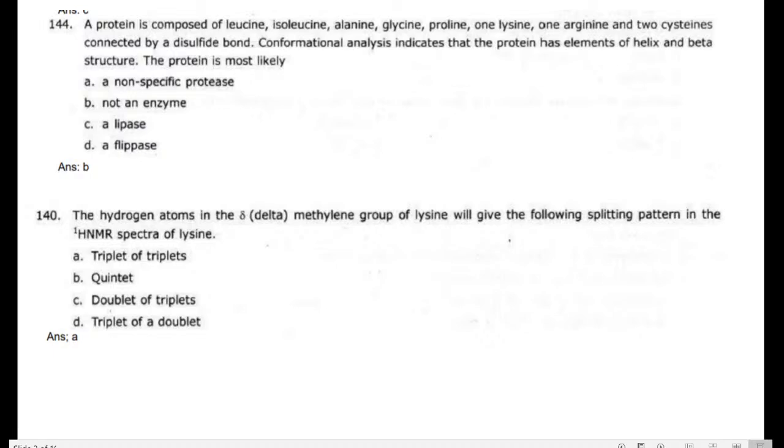The lines of this double split are each divided into triplets. That is called the triplet of triplet. This is the pattern for the hydrogen atoms in the delta methylene group of lysine.